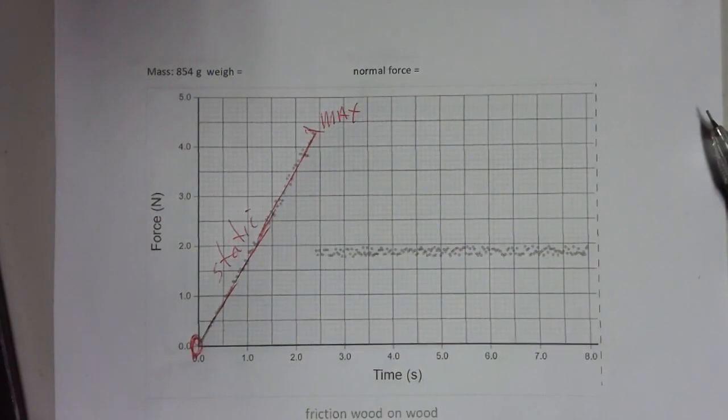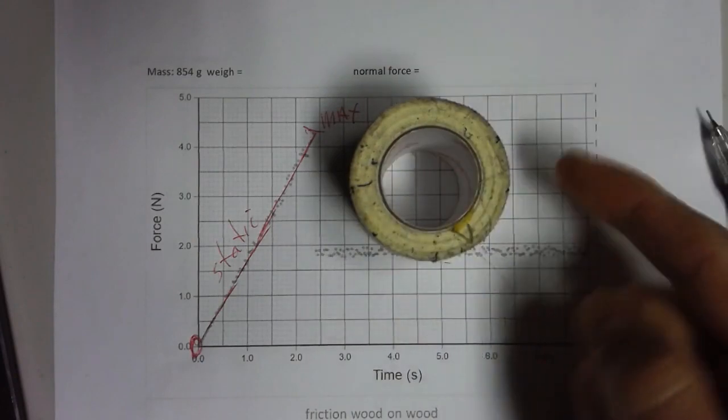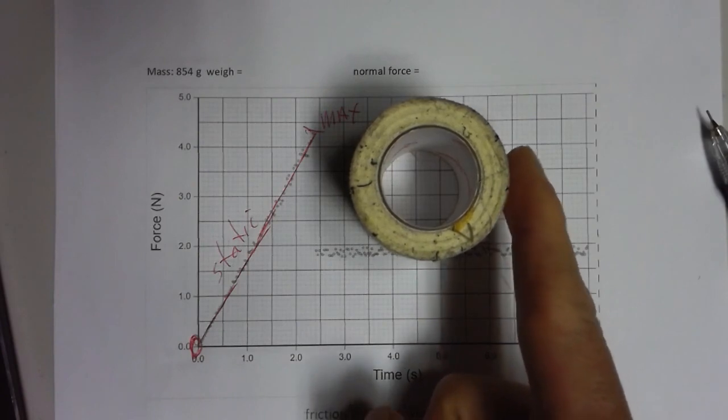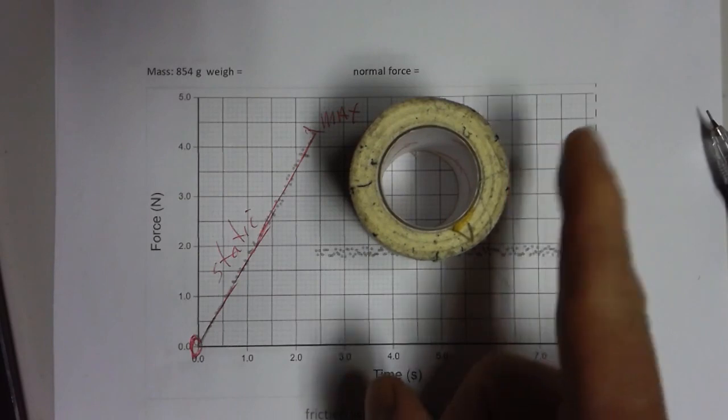It's whatever it has to be so the object does not slide. And if you push with 1, and I showed you this in a previous video, it doesn't slide, the static friction is 1. I push with 2 and it's not sliding, the static friction is 2. And then at some point, boop, it breaks free, and that's the maximum static friction.